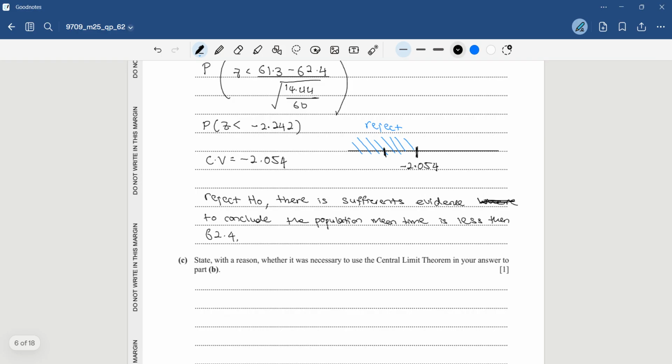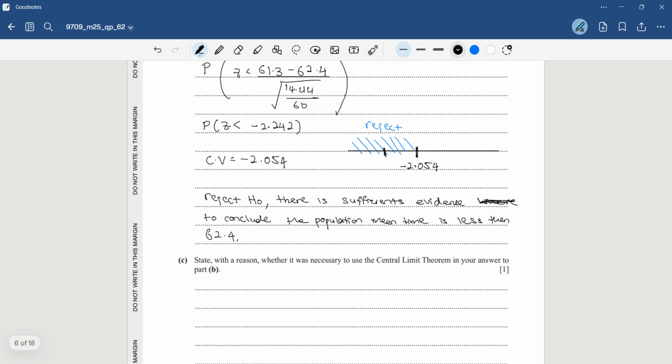Okay, so you must know where the rejection region is. Some of you may also use the probability area. If the probability area is smaller than 2%, then we reject the H null. It's based on your understanding, it doesn't matter.